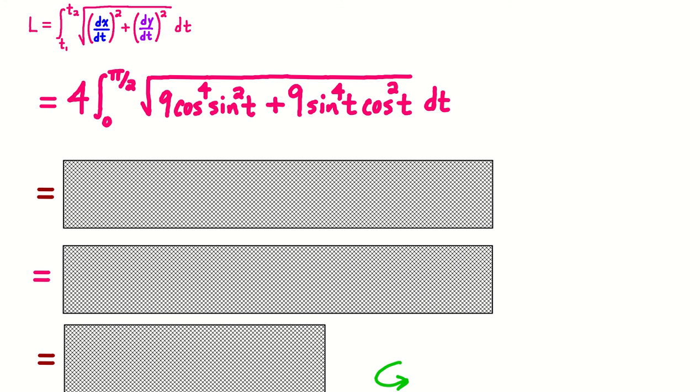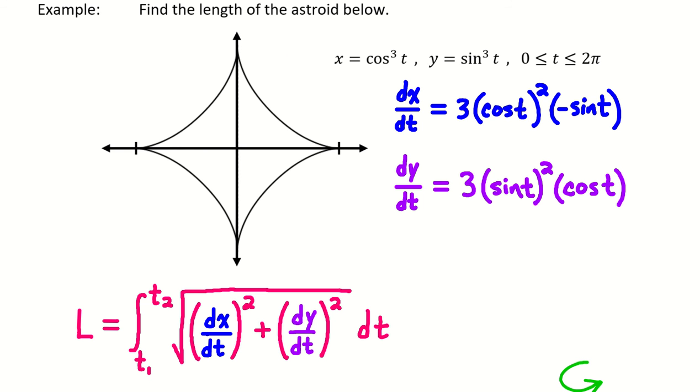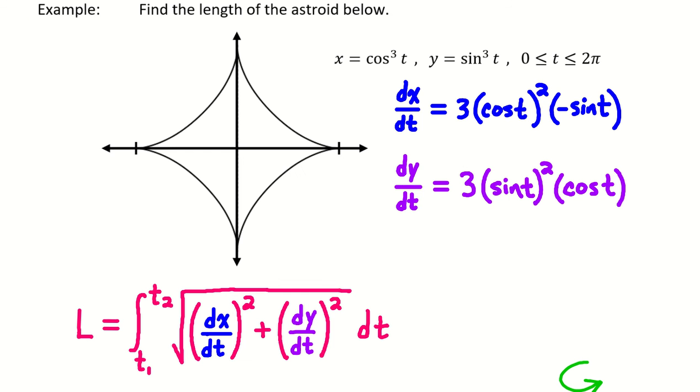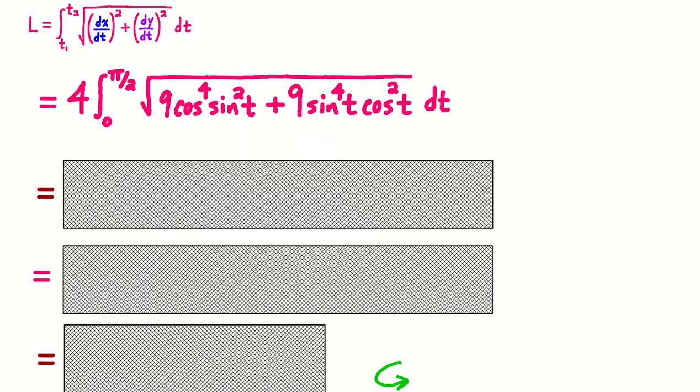Where'd this 4 come from, by the way? Well, I'll figure this out in a second. I don't know why this is vexing me right now, but you could throw all this into your calculator right now.